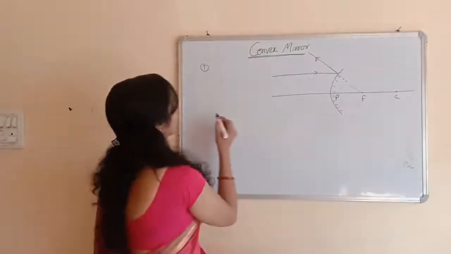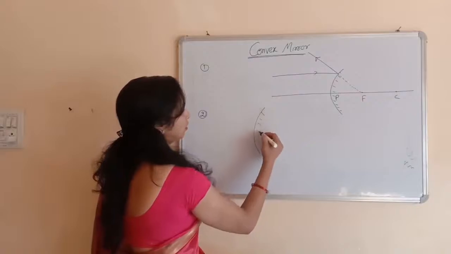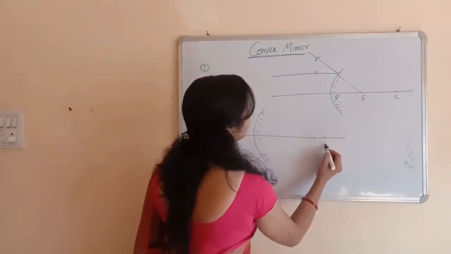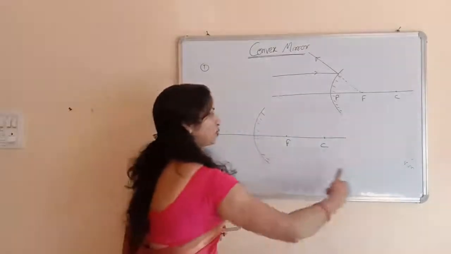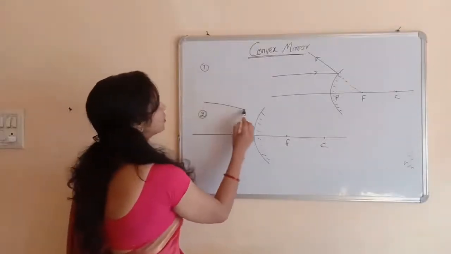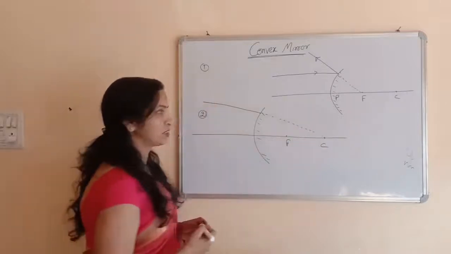The second rule: this is a convex mirror. It has the center of curvature and the focus both on this side, because the sphere is towards this side. The ray which is coming towards the center of curvature, it appears that this light is moving towards the center of curvature.